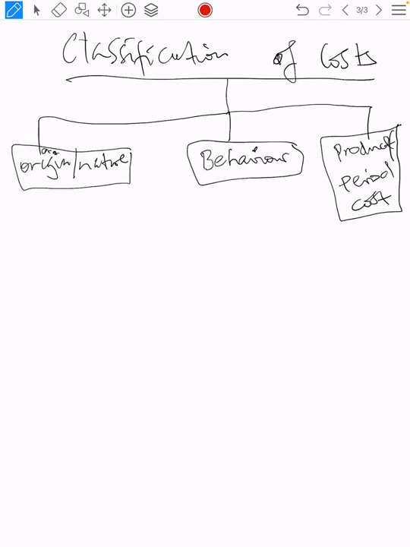Okay, so you see the buckets into which our costs are divided. That's the bucket into which our costs can be divided. All right, I've got the study guide now.